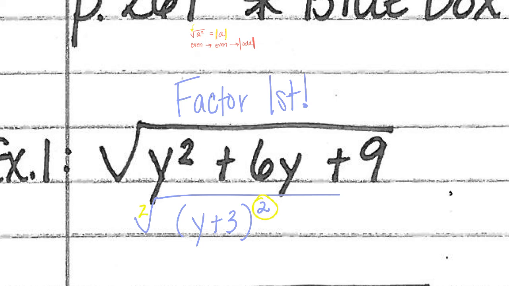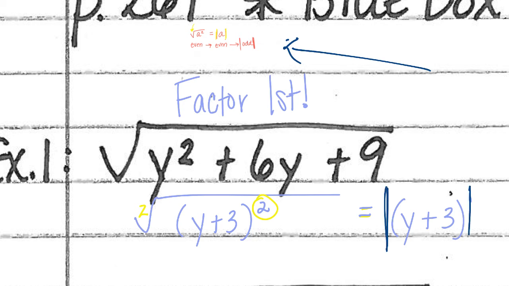I have a real 2. 2 goes into 2 one time. So I know that I'm going to have y plus 3, all of that to the first power. But because of this rule that we have right here that you can't see anymore, we have to put it in absolute value. So please be aware of that absolute value, and we'll try a few more.